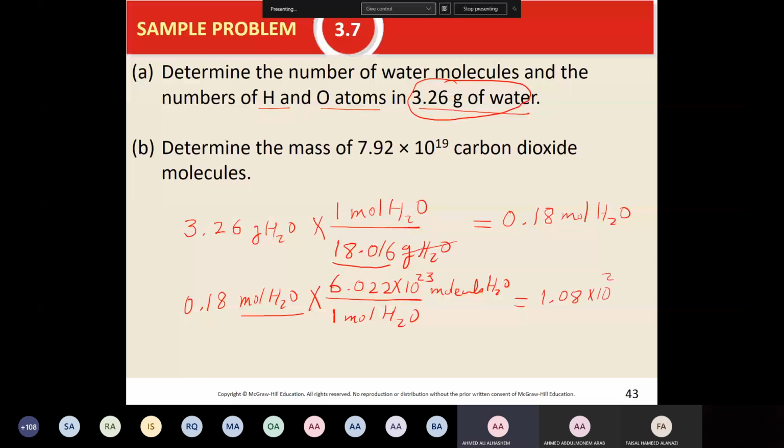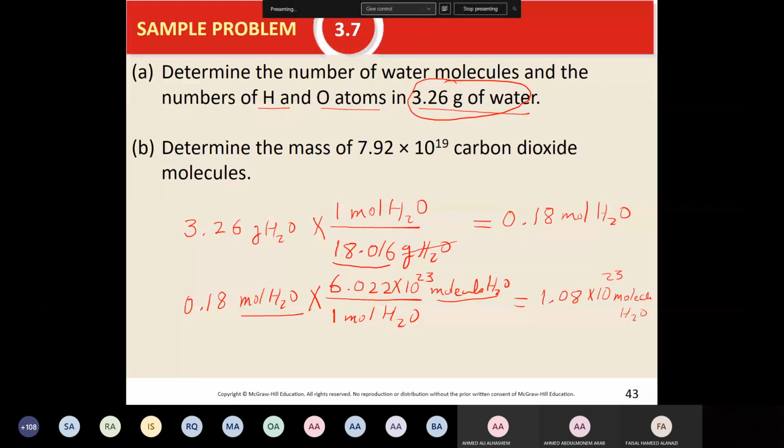What? Give me the unit. Mole. Molecule. No, molecule is H2O. You have to be careful with the unit. Molecule is H2O. So we are talking about each molecule.